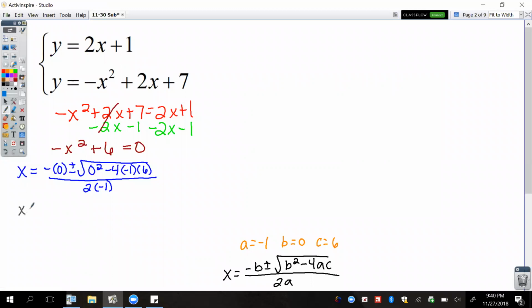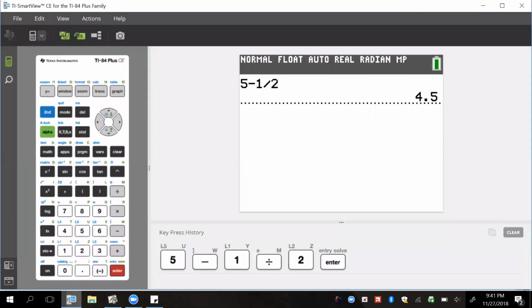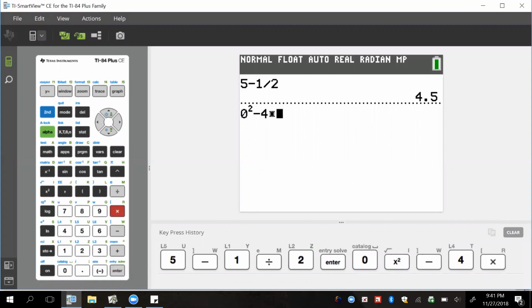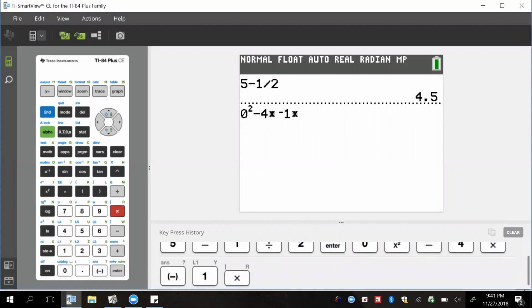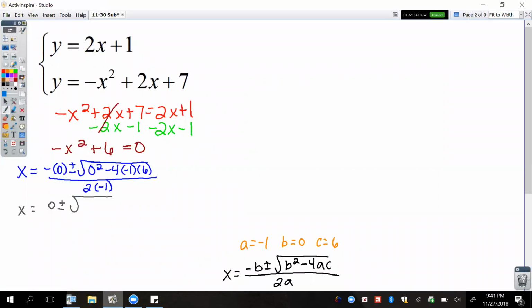In our calculator, we're going to plug exactly that in. So 0 squared minus 4 times negative 1 times 6. Hit enter, and we get 24. So what's under my radical is 24, over 2 times negative 1, which is negative 2.